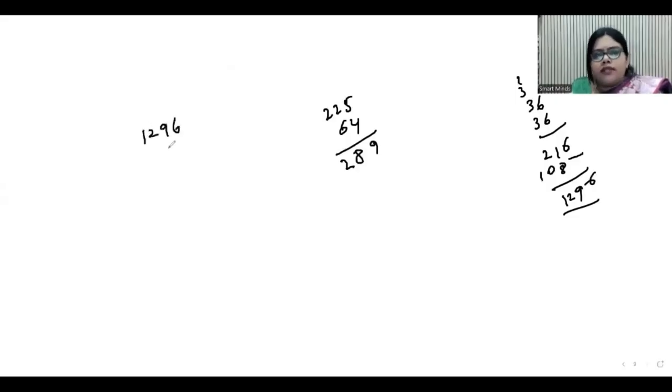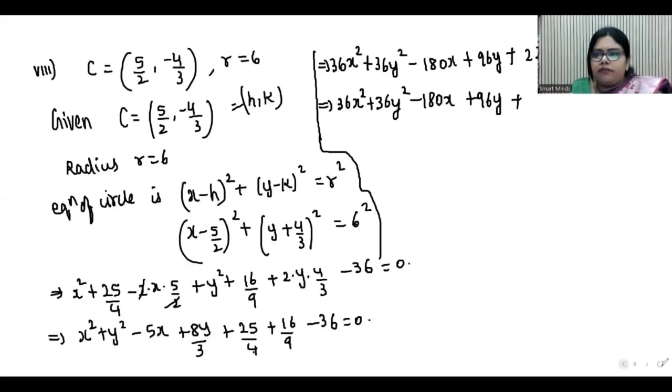So 1296 minus 289. So this is 7, this is 0, this is 0, this is 1. 1007, minus 1007 is equal to 0. This is the final answer.